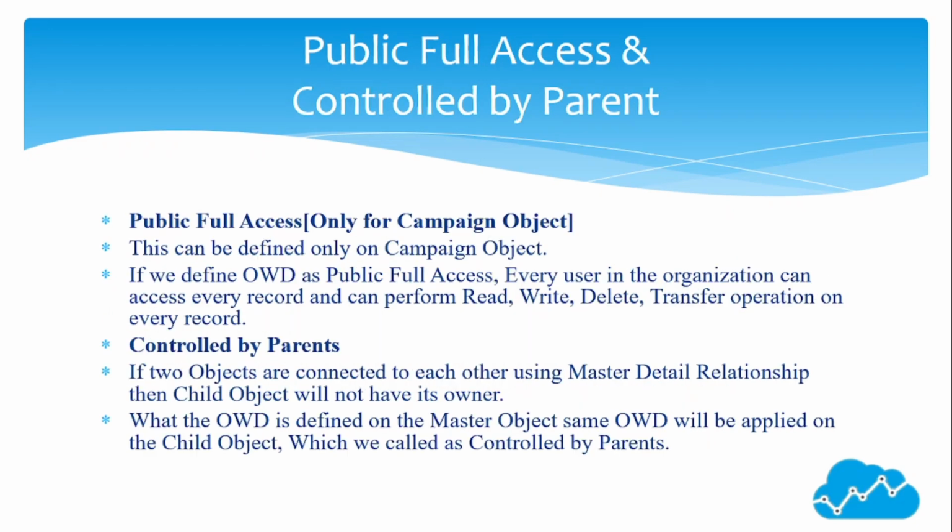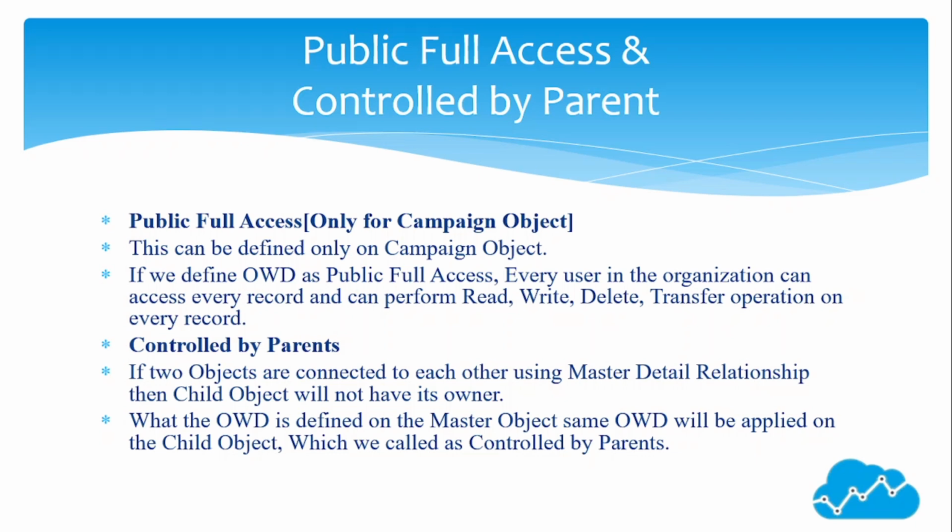Public full access and controlled by parent. Public full access is only for the campaign object. This can be defined only on the campaign object. If we define OWD as public full access, every user in the organization can access every record and can perform read, write, delete, transfer operations on every record.